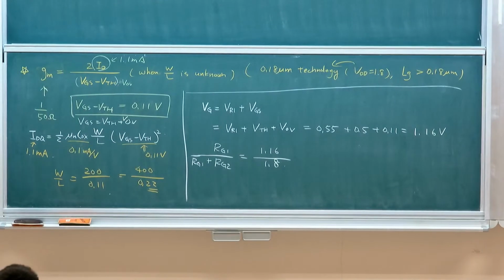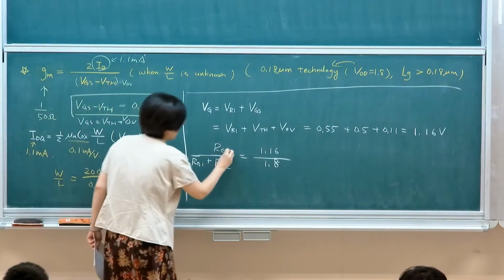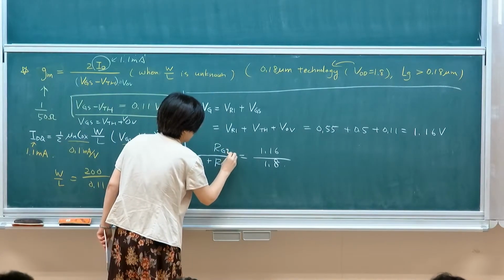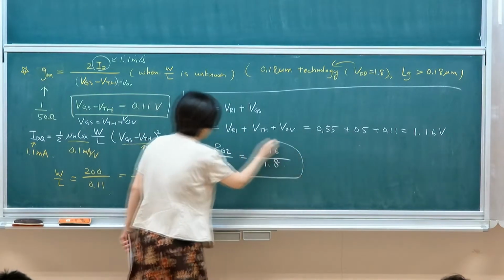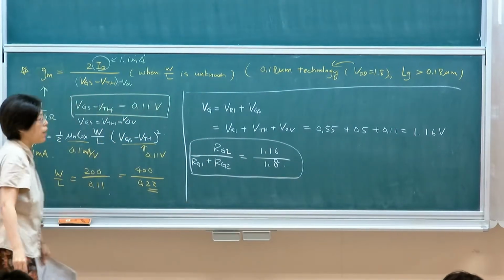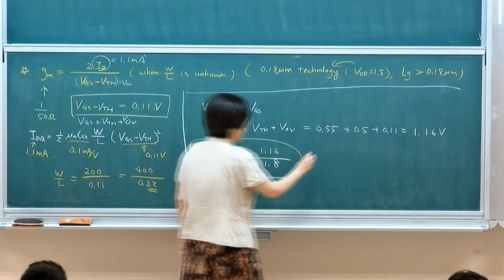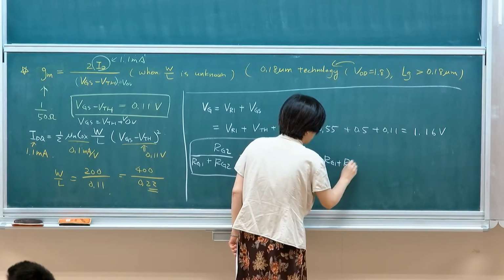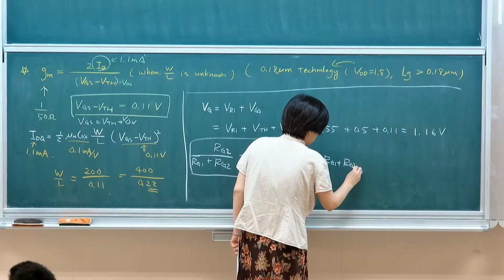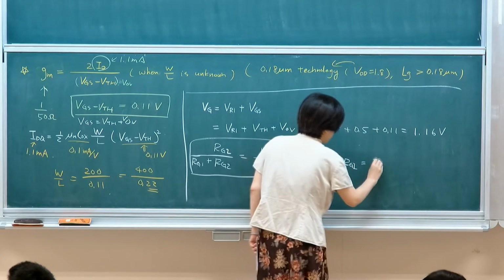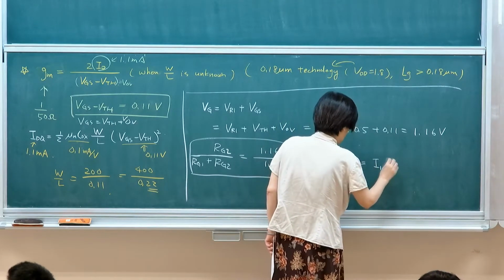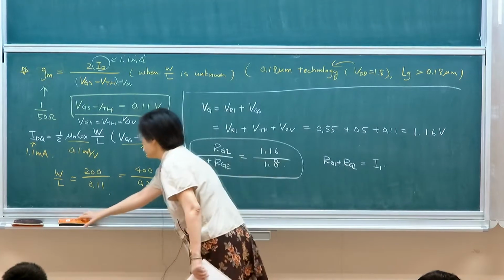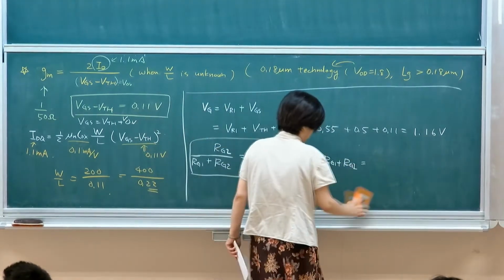So we know that for this voltage divider, RG2, it has to fulfill this ratio in terms of voltage dividing. And the other thing is the absolute value of the resistors: RG1 plus RG2 should equal VDD divided by I1.